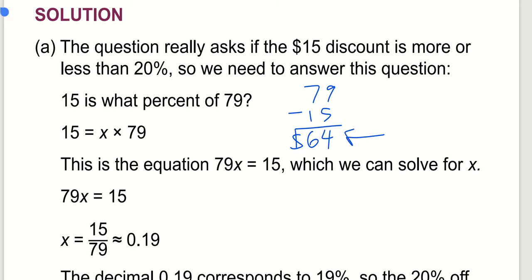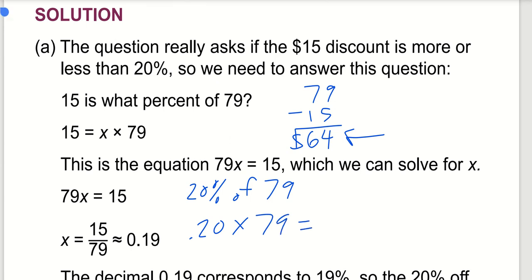If we compute how much the discount would be if we take 20% off, 20% of 79, we would first work that out. That would be 0.20 of, again, means multiply, 79. We can punch that into our calculator. 0.20 times 79 would give us an amount of discount of $15.80. So that would be the amount of discount.